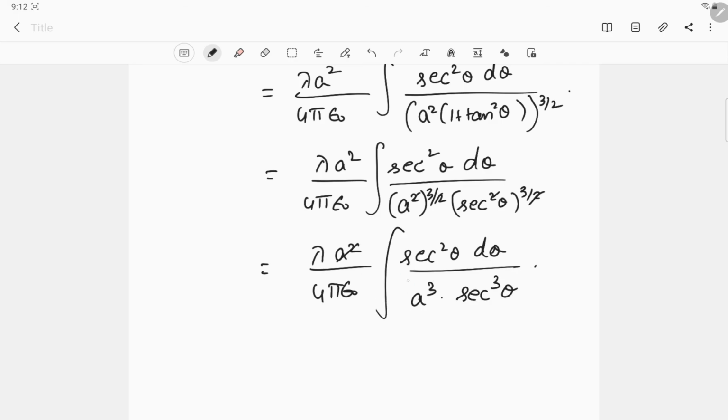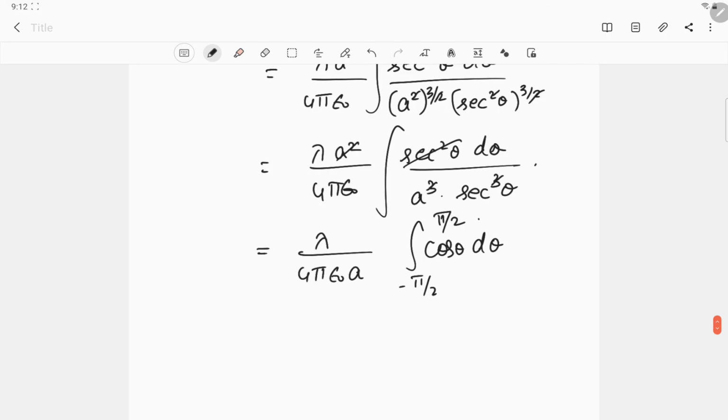Okay, so here this a square will get cancelled, secant square and one secant theta will get cancelled. So therefore, you will have lambda divided by 4 pi epsilon naught a into d theta, 1 by secant theta will be cos theta. So I can write cos theta d theta, and you have to integrate from minus pi by 2 to plus pi by 2.